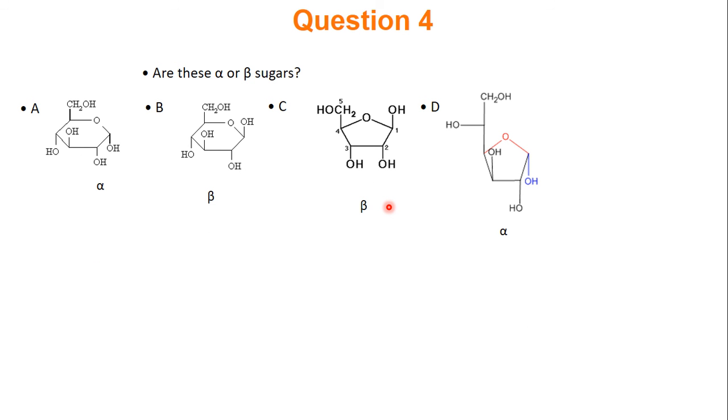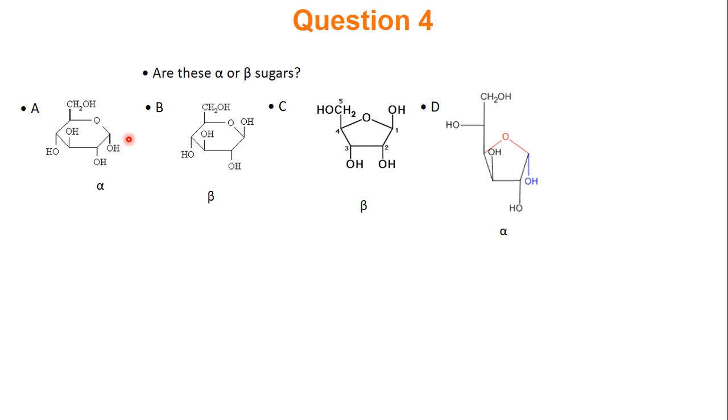Alpha beta sugar. To be able to answer what an alpha beta sugar is, we have to understand some terminology about ring sugars. There's a special carbon in all of these rings, and it's called the anomeric carbon.